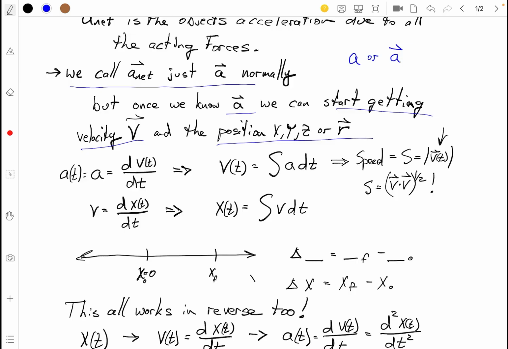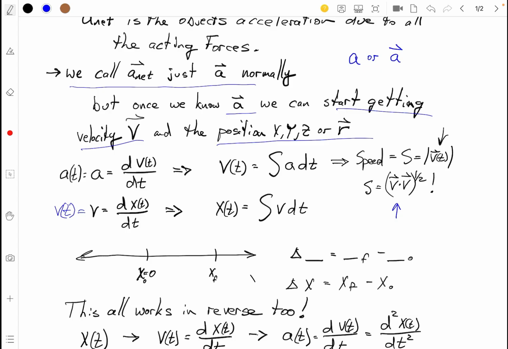How do we get that? I told you in the previous video, we just do the dot product and take the square root. That's going to give us our absolute value, and that gives us our speed without any vector associated. Then we can get V of t if we take the derivative of x with respect to t.